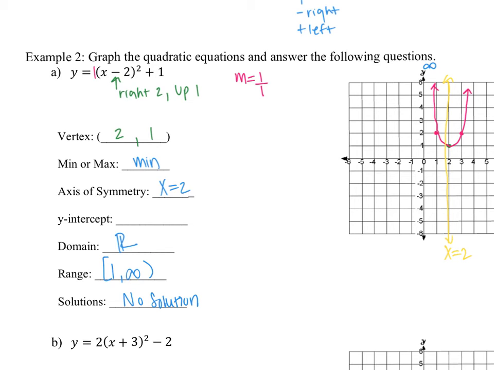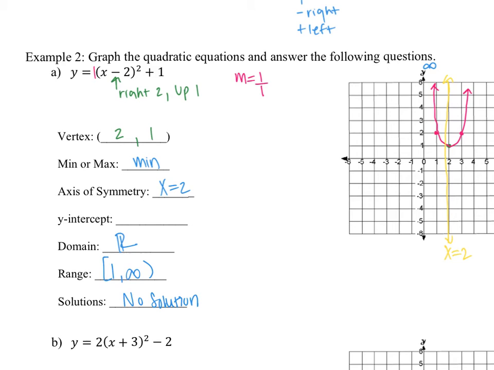But it doesn't, because it's a quadratic, and with anything that's squared, it grows really fast. So if I were to plug in a 4, 4 minus 2 is 2. 2 squared is 4. 4 plus 1 is 5. So that means when x is 4, the y value is 5. It's up here somewhere, not down here.